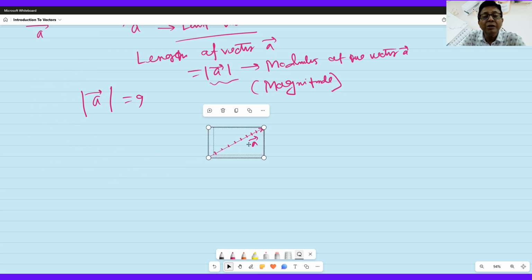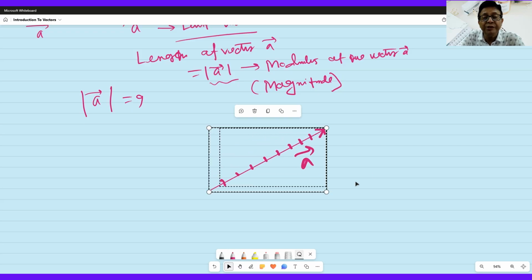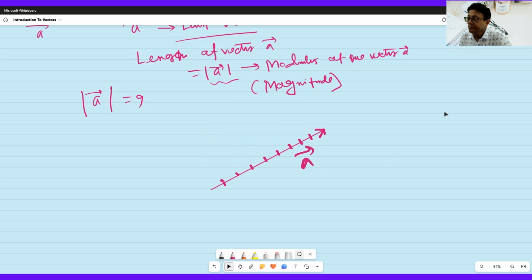Now, we want to draw a vector of magnitude 3 units in this direction. How to do it? You can say that the vector is this. I have taken the vector B1, its magnitude is 3 units.